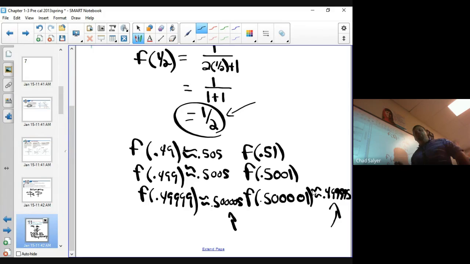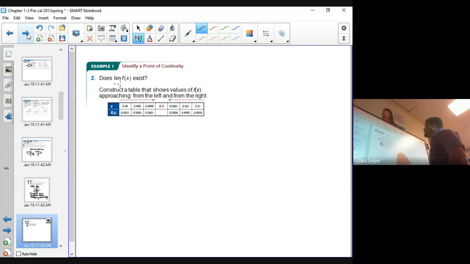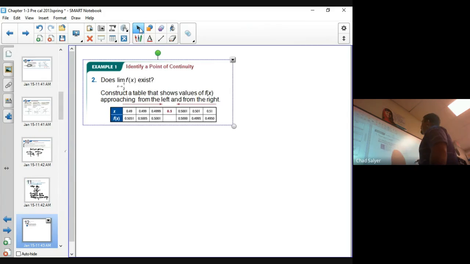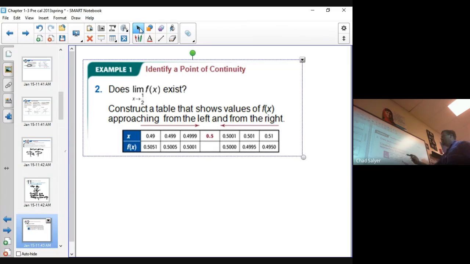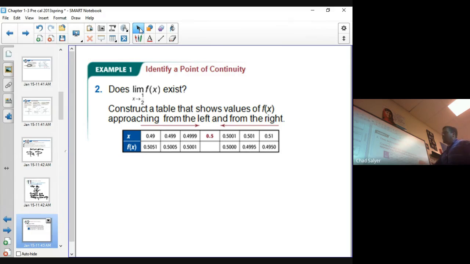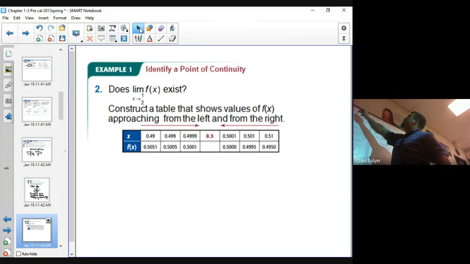Can I graph it without picking my pencil up? Yes. And so all these things are true. All right, so this is a graph that shows the values of the function as it approaches 1/2 from the left and right. I did this on the previous page, but this is a nice graphic demonstrating that.